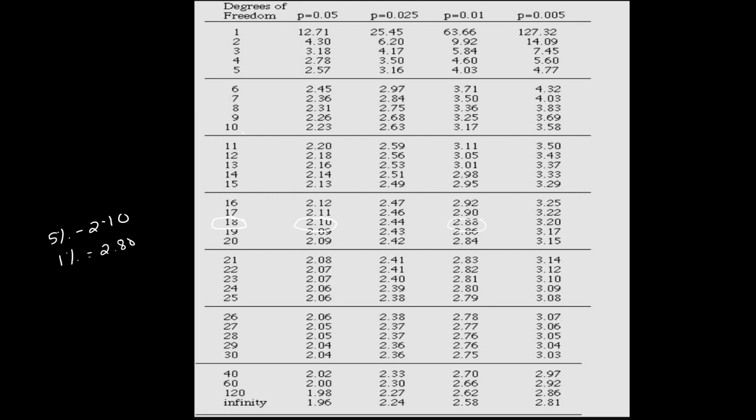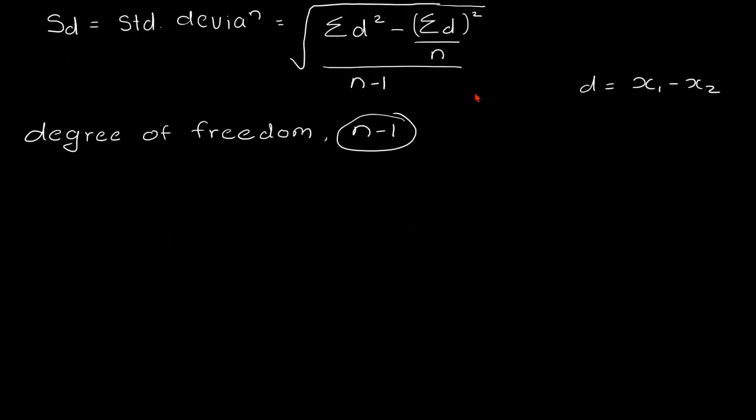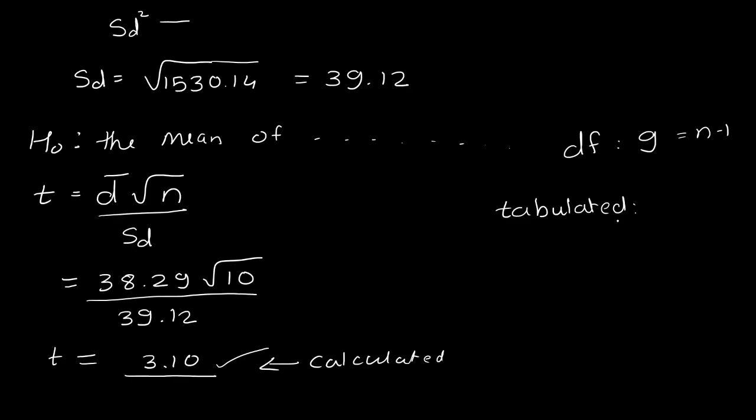Tabulated t value at degree of freedom equal to 9, at 5% level of significance it is 2.26, at 1% it is 3.25. So at 5% level of significance it is 2.26.